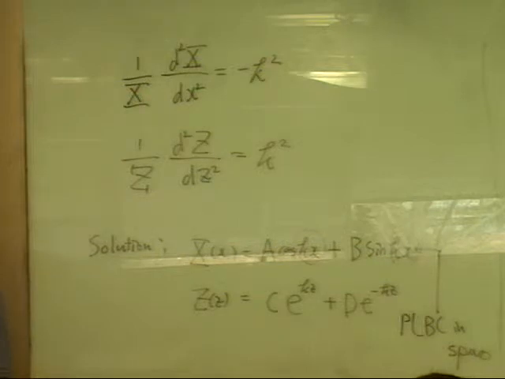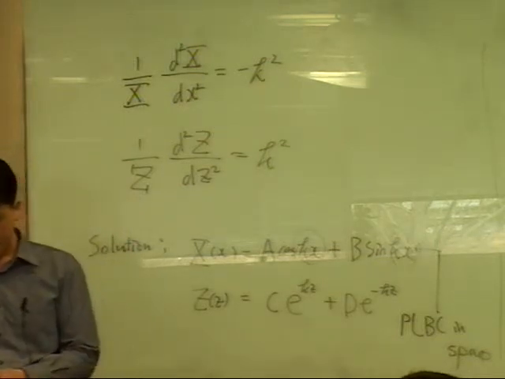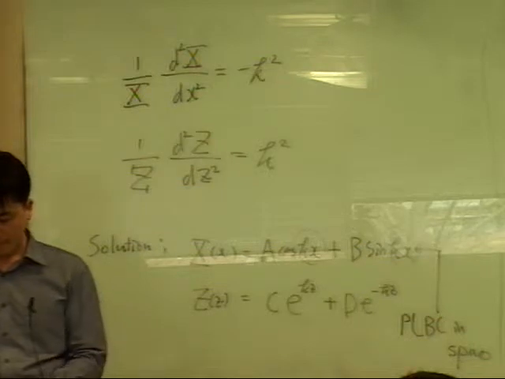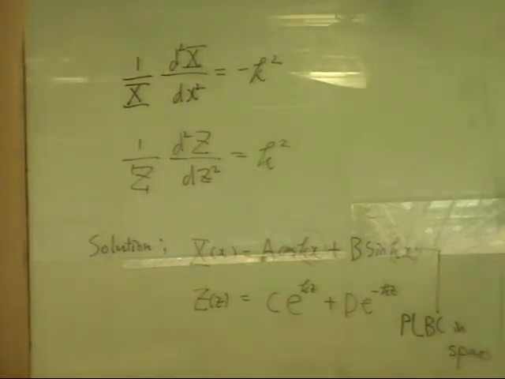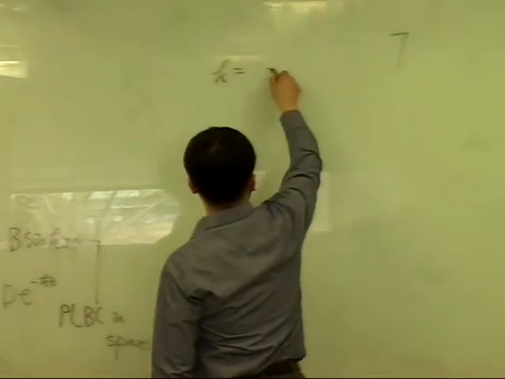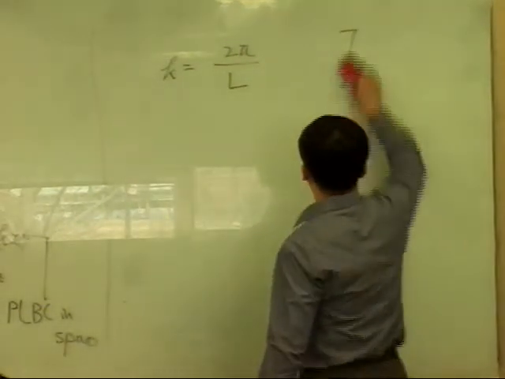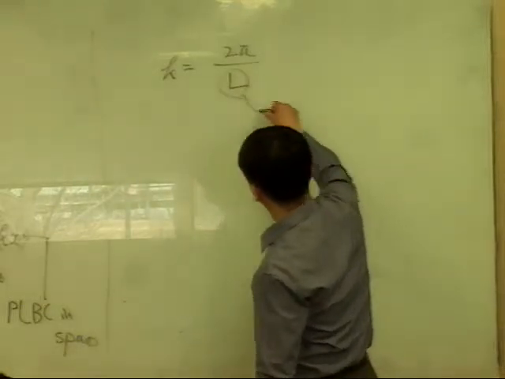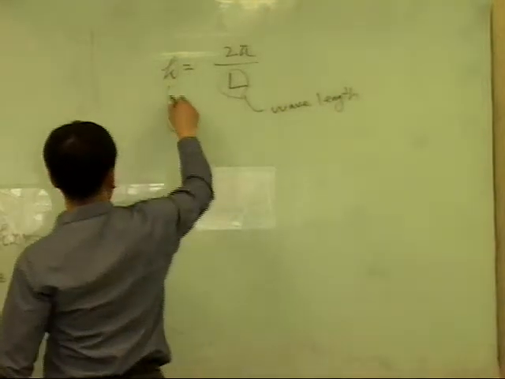Both are periodic functions about the x, right? And k is 2 pi over L. L is a wavelength. K is named the wave number.